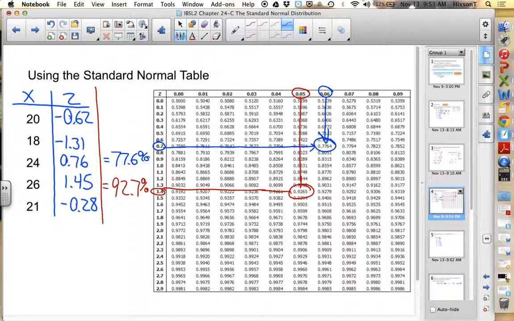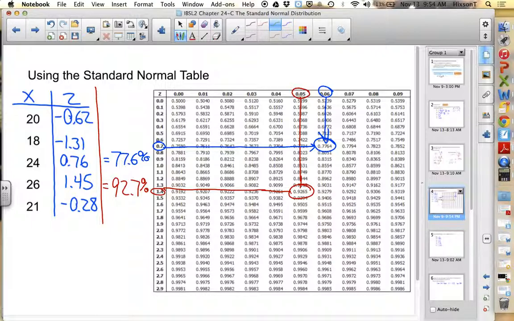All right, so does all this make sense? Now, the challenge with this table: every table, you'll find ones that have negative values, ones that only have negatives, or in this case, only positives. The challenge is when we have negative ones.